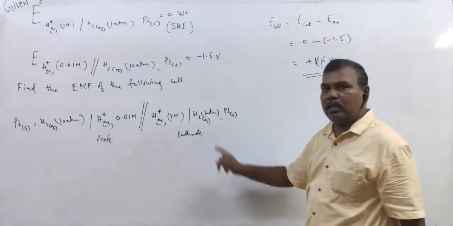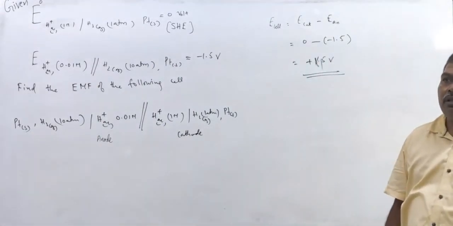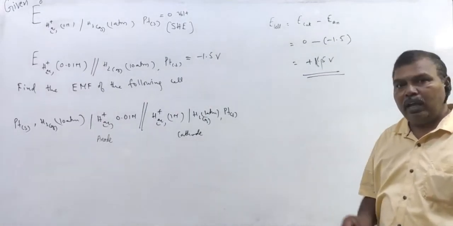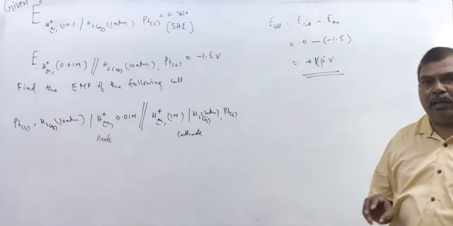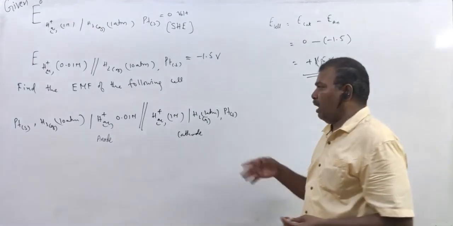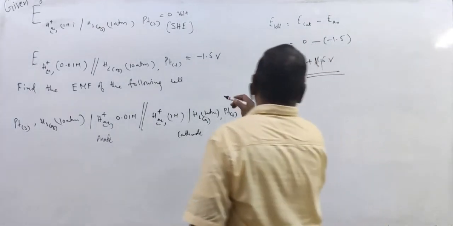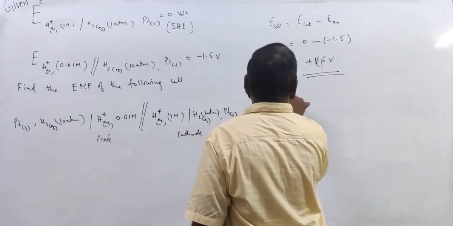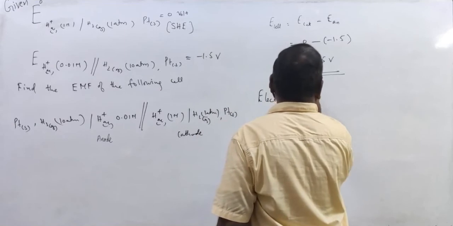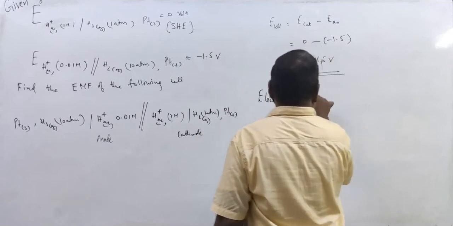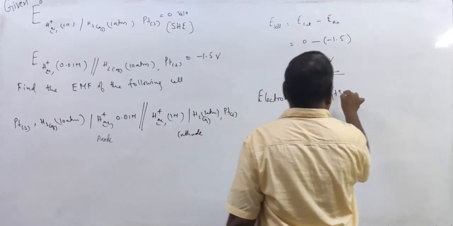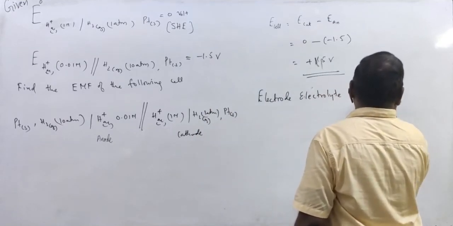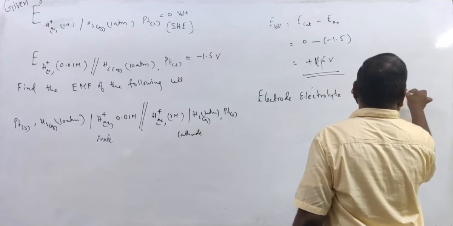Active mass of electrode is 1 atmosphere there. So, electrodes are different in active mass. Electrolyte is also having different active mass. Therefore, such cells are examples of electrode electrolyte concentration cell.